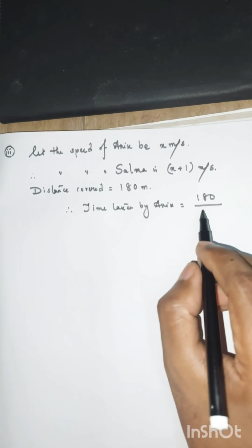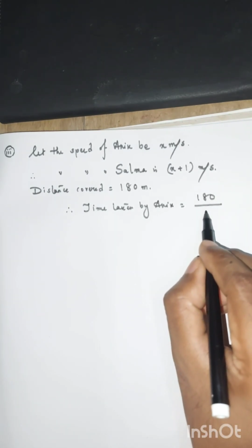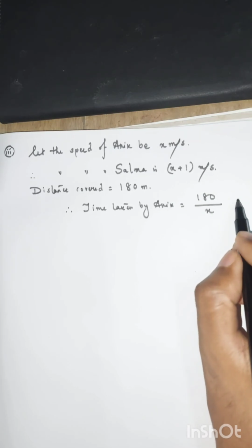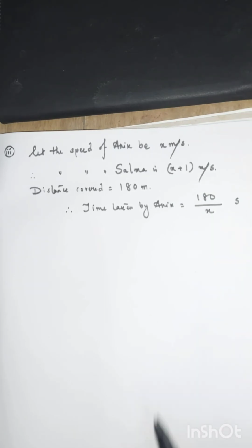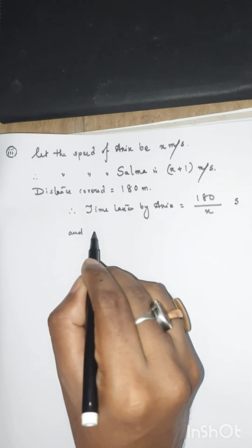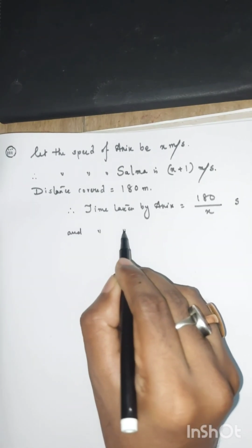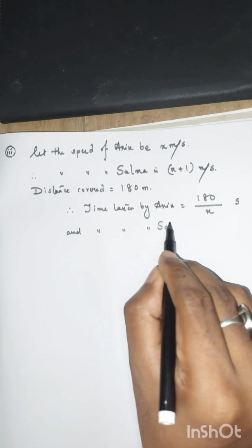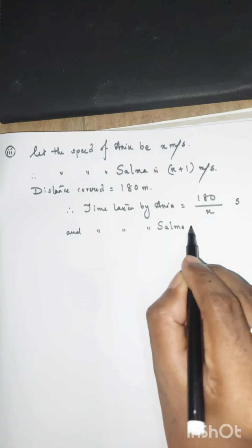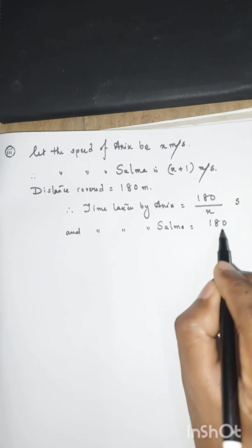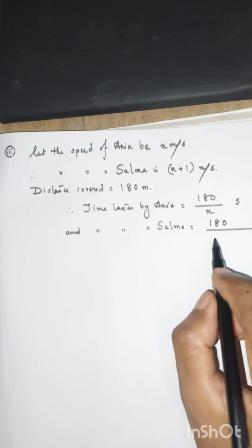So speed of Onik, so this is the time taken by Onik in seconds, and time taken by Salma equals distance by speed.